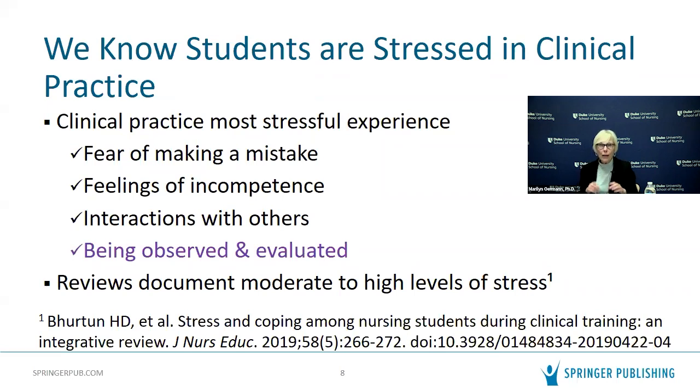And so we know, as we're thinking about teaching students and evaluating performance, I think this slide is really important because it's suggesting that we need to keep this in mind when we make observations and we make judgments about performance. Students might be less stressed in a lab than they will be in clinical, and it will affect their performance.